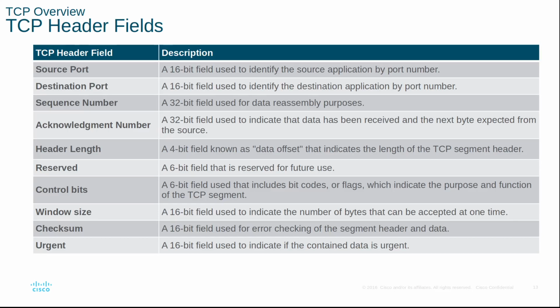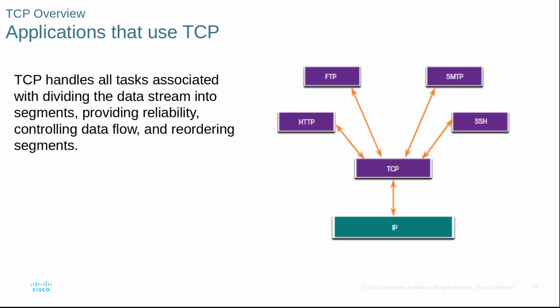There's a window size, that's a 16-bit field, and that's used to indicate the number of bytes that can be accepted at one time. There's a checksum field, so that's used for error checking for the segment header and the data, 16 bits as well. And an urgent field, so that indicates whether the data is urgent or not for quality of service, right? That's 16 bits as well.